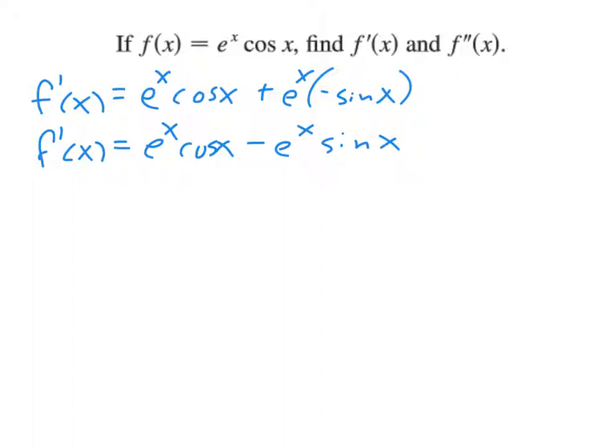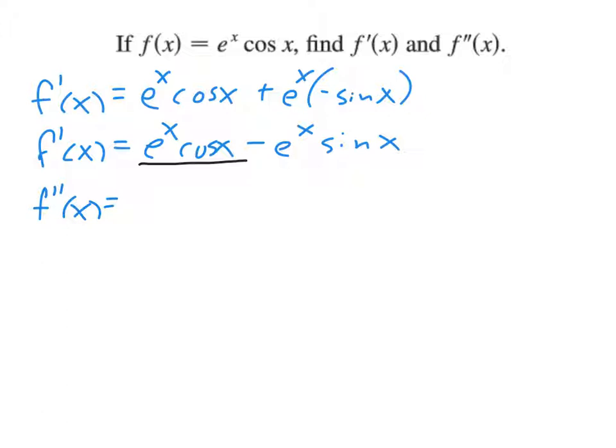Now when we go to find the second derivative in this case, people end up looking at it saying, wait, do I actually have to use product rule twice? Basically, the short answer is yes. There's a longer answer that I'll touch on after we talk about this. But yeah, basically, yes, you're going to have to use product rule twice. You have to use it once to figure out the derivative of e to the x cosine of x.